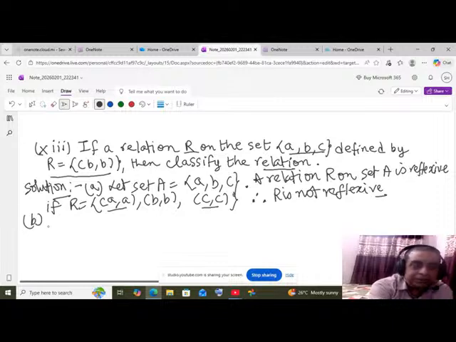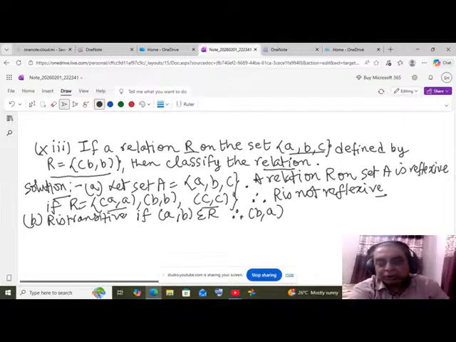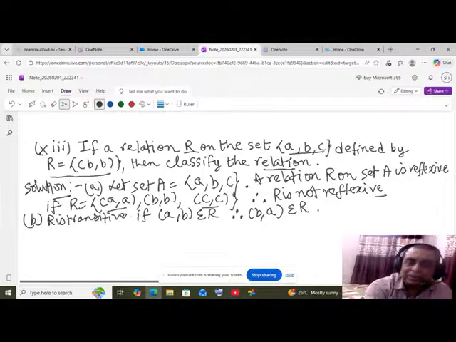Now, what is transitive? A relation R is transitive when, if (a, b) is an element of R, then (b, a), the ordered pair in reverse order, should also be an element of R. In this case, the relation R has a single element, (b, b).